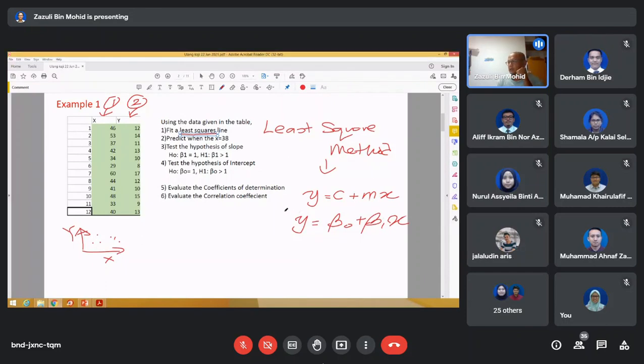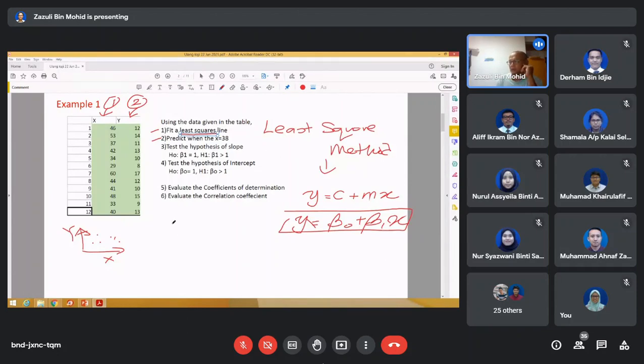This is the equation that you need to derive from this data. Then the question might ask you to predict some value. The first one is to create an equation, the second is to predict, and then the hypothesis that we can do in this chapter is to evaluate.